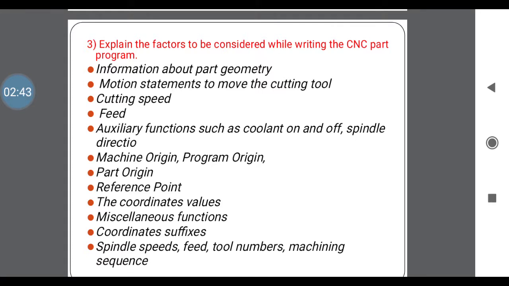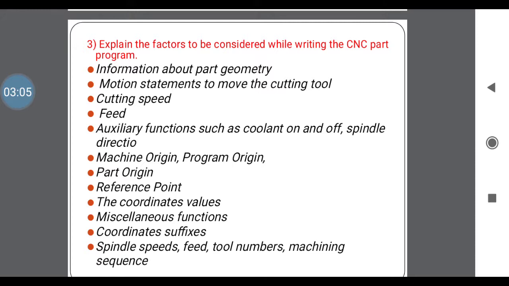Next, auxiliary functions such as coolant on/off, spindle on/off or direction, and type of dimensioning. These are the next considerations. Next, machine origin and program origin. That means what is the machine origin point and what is the program origin point. From here the program starts, and what is the machine structure. Next, part origin.